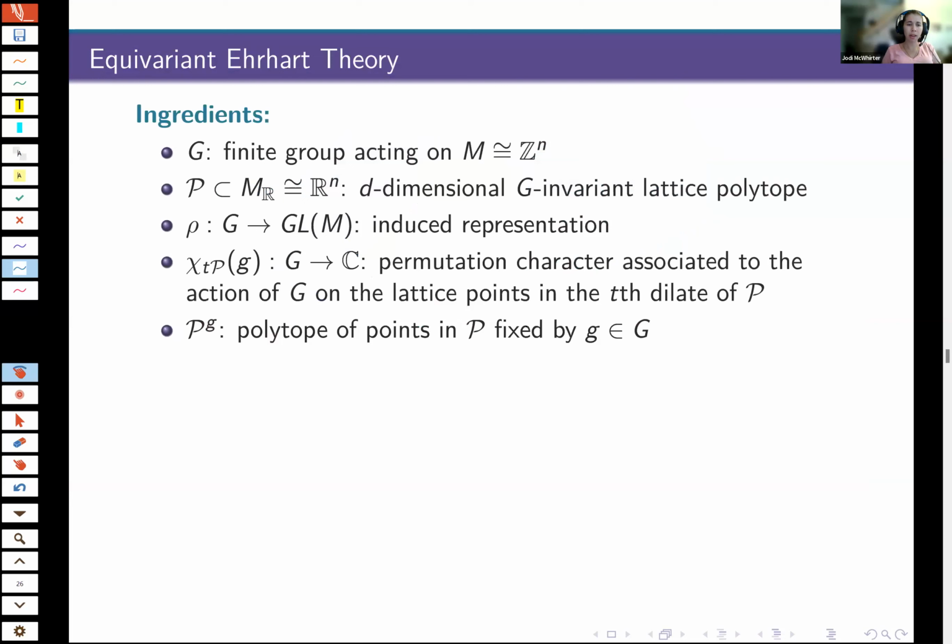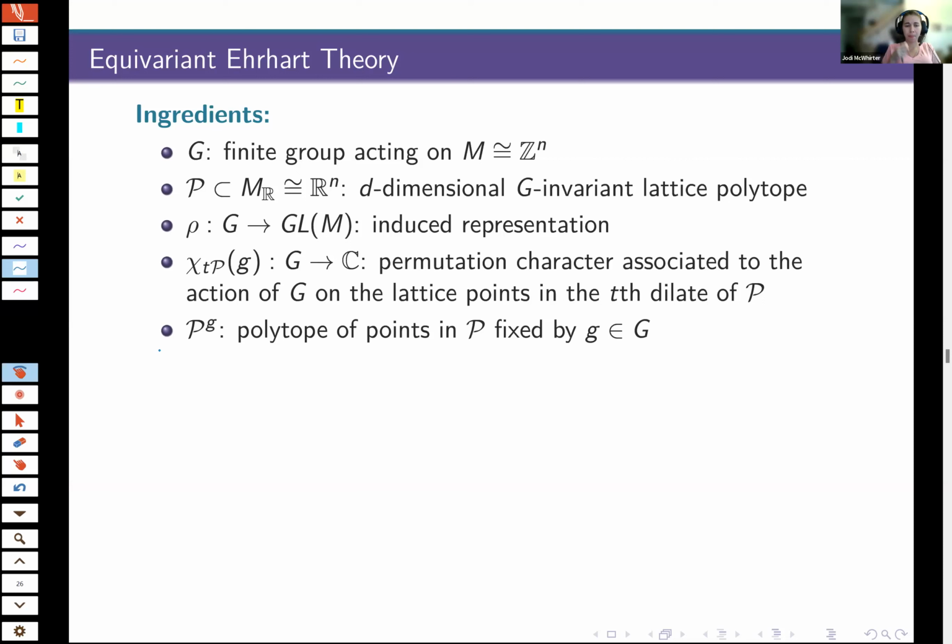So Stapledon in 2011 had this paper on what's called equivariant Ehrhart theory. Here's the formal list of ingredients, and the main takeaway from all of this is that we start out with a polytope, and a group that acts on this polytope.